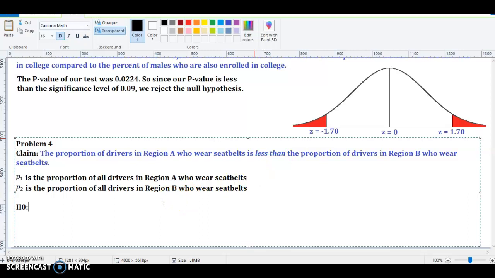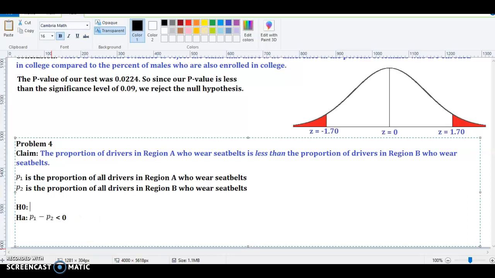Again, if it ends up being a less than, greater than, or not equal to, that automatically goes in the alternative hypothesis. So in the alternative hypothesis, the difference between the two proportions is going to be less than 0. So you have P1 minus P2 is less than 0.